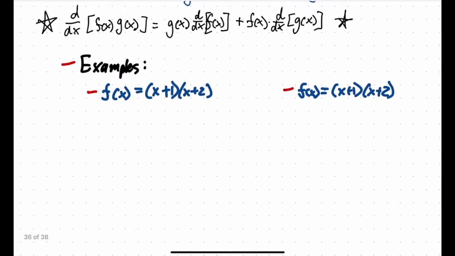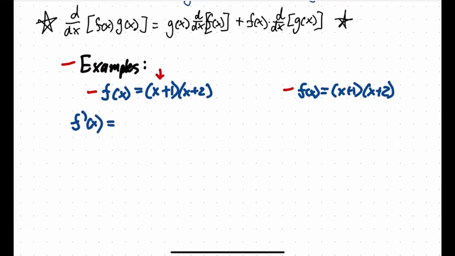So the first example that we have here is f of x equals x plus 1 times x plus 2. So with that in mind, using that law, let's say f prime at x equals that second term.